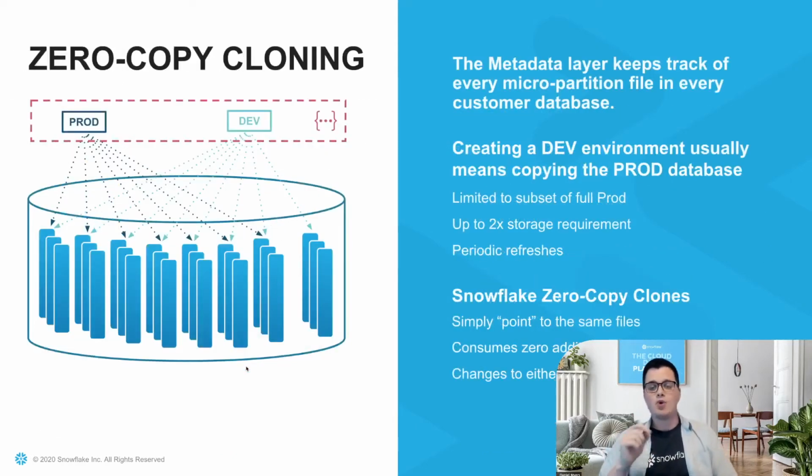Next is zero copy cloning. This is a really powerful feature because what this enables developers to do is have essentially a logical clone of your data. This means that it's not actually cloning the data on disk, but instead you're able to have another logical clone of it. So you can have one for prod and one for dev, where it's actually looking at the same underlying bit of storage on disk.